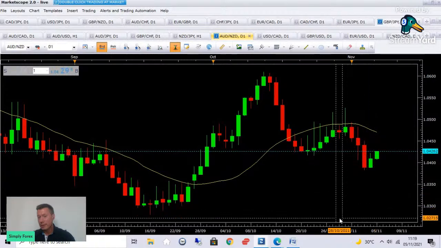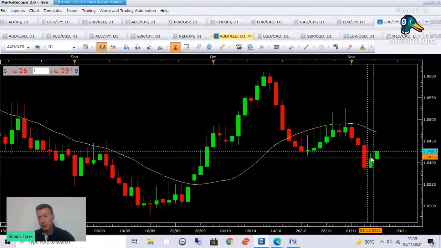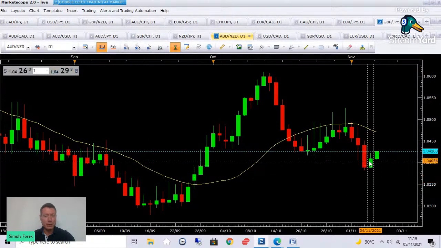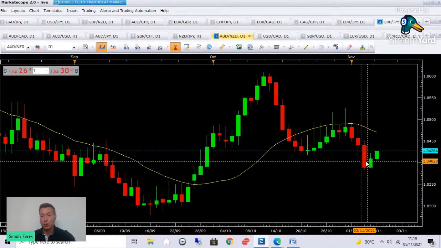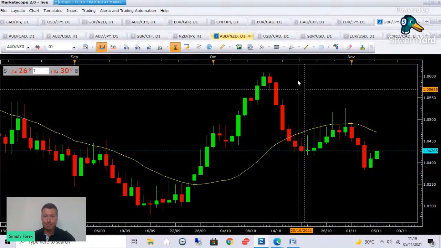I do think this trade has the potential to go short, maybe down to this area here, but because of this green candle, I don't like this trade. I wouldn't like to short this trade, and I wouldn't like to long this trade. So I stay out of this pair.